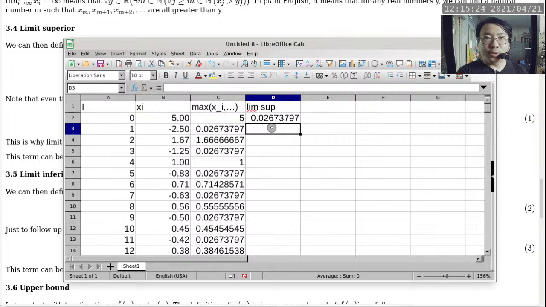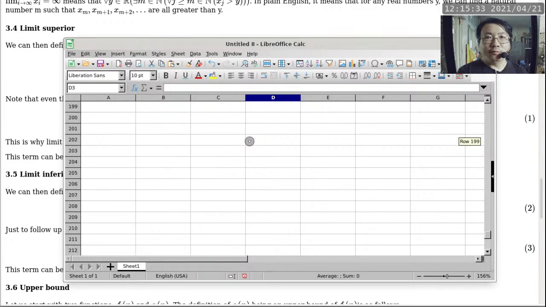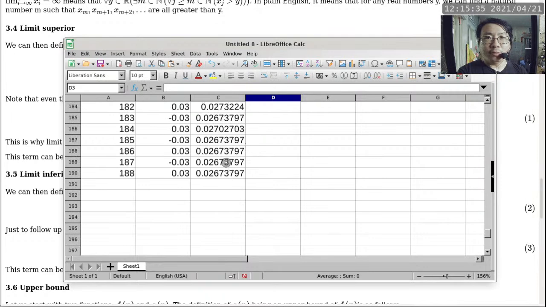And that becomes close to 0, because it's never really 0 itself, because we cannot make this spreadsheet infinitely large. But you can kind of imagine that if we make the spreadsheet larger and larger, column B is going to become smaller and smaller, but it will keep oscillating until it becomes closer and closer to 0.